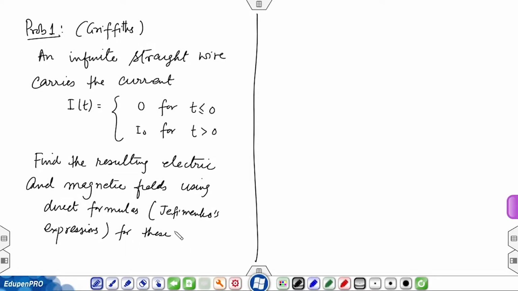Then of course, once I solve it, you can check it against the solution obtained by Griffiths.